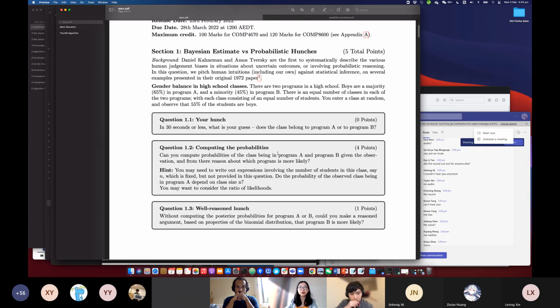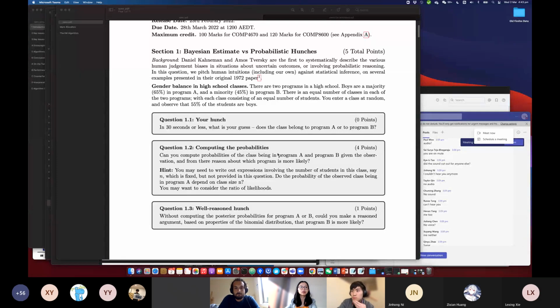You can take a guess and then do the calculation, and you could also, without doing the calculation, reason about which one is more likely.